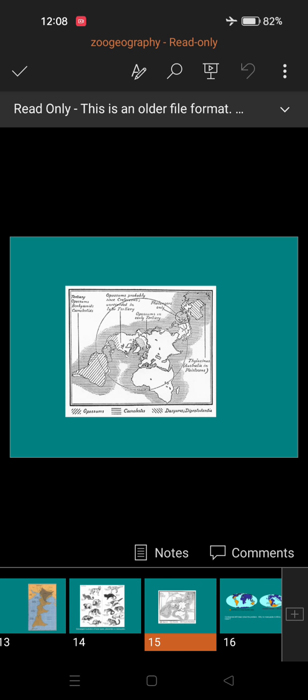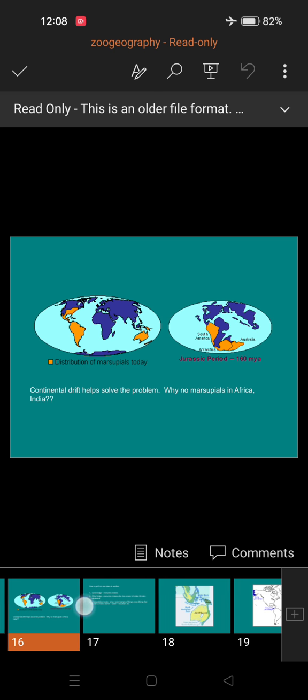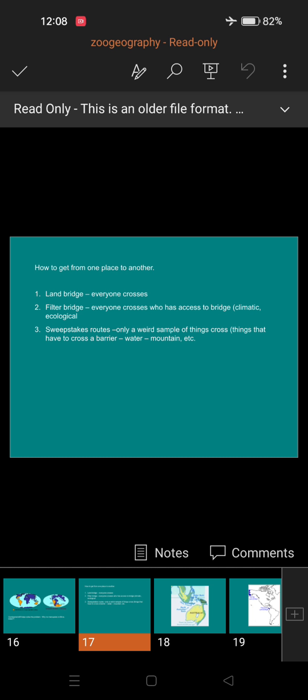So you can see this territory, how the distribution of the marsupials is today, in the Jurassic period 160 million years ago. How do they get from one place to another? The land bridge: everyone crosses, the filter bridge, everyone who has access to the bridge, climatic, ecological.